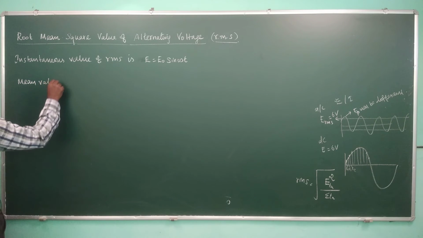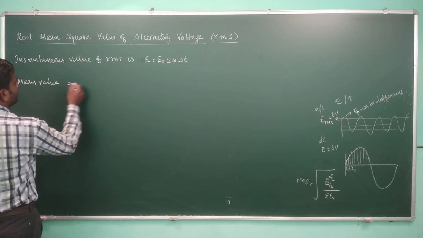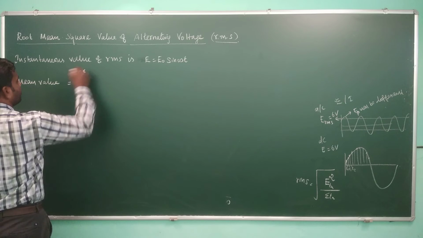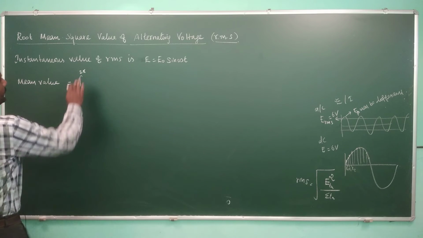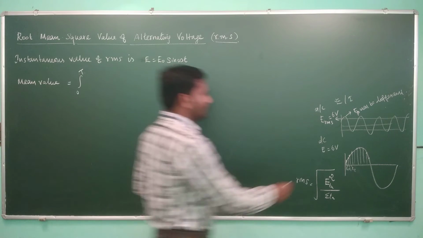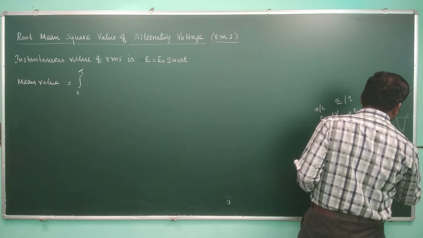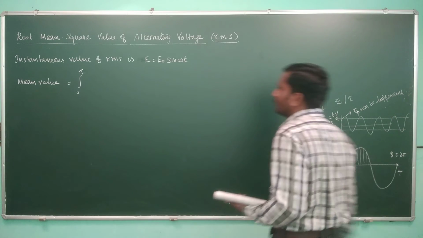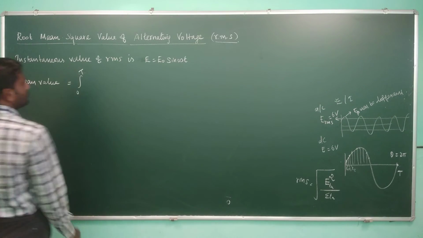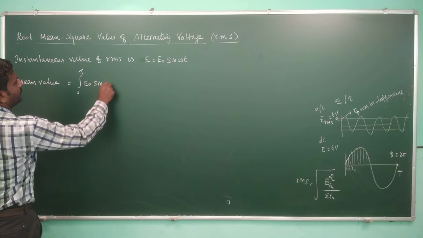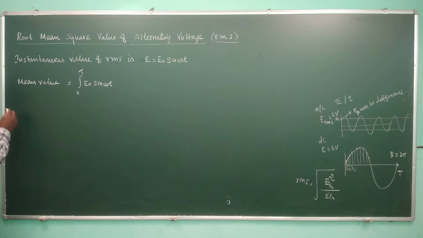If you want to take the mean value, you have to integrate it over 0 to 2 pi for a complete cycle, that you can say t, period of oscillation. Both are the same. From this point to this point, if you write it in theta, this becomes 2 pi, and if you write it in t, then this is t equal to 1 period T.